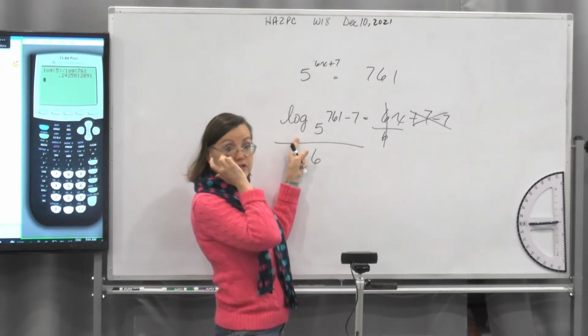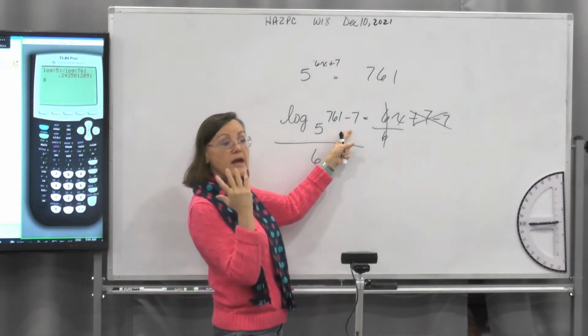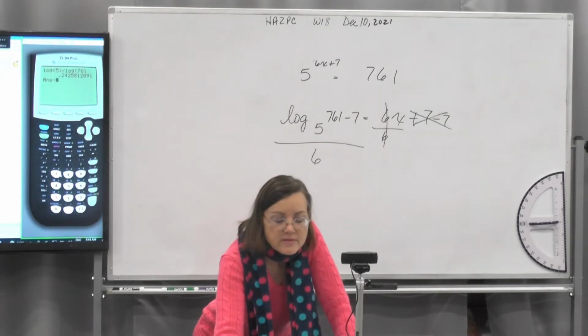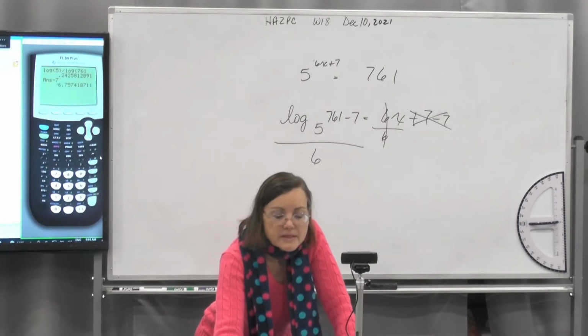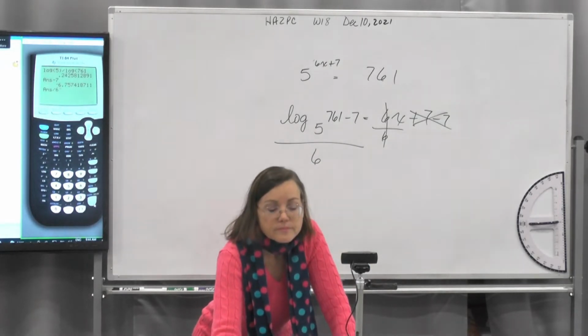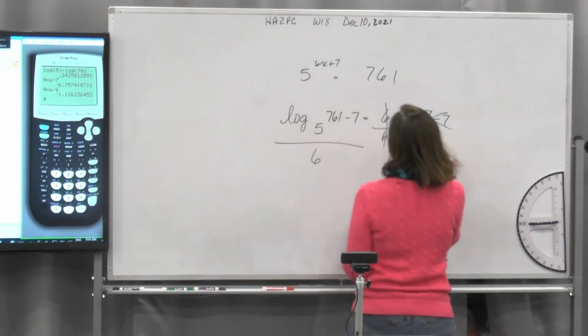I've just done that, enter, okay? Then I'm gonna subtract 7. I'm just gonna do it the way I should do it if I was doing PEMDAS, right? Then I'm gonna subtract 7, and then I'm gonna take that answer and divide by 6. And I get about negative 1.126, right? Yes.